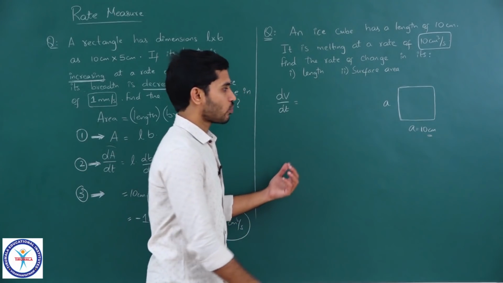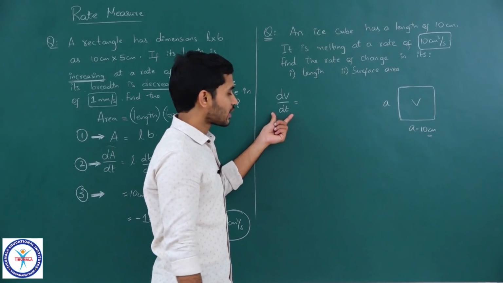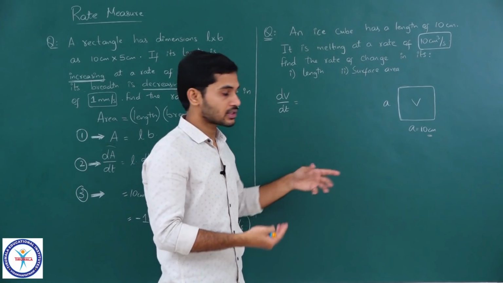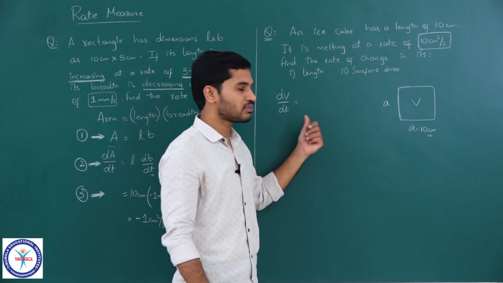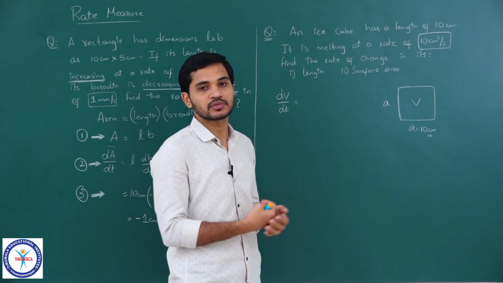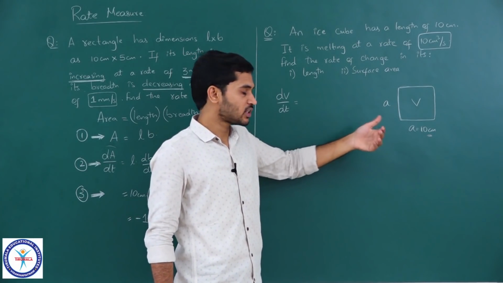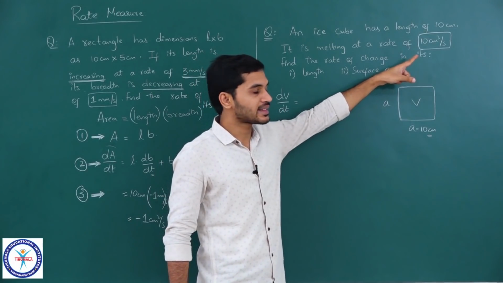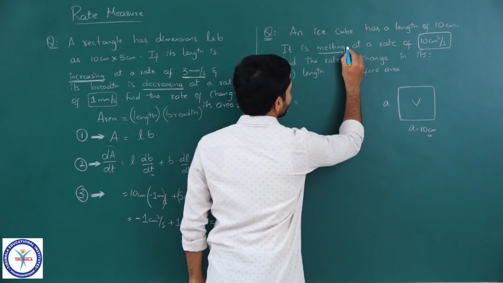So which means if the volume of this is some V, they have given us at what rate, how fast its volume is changing. Do you understand that? Rate means the pace at which something is changing, correct. So the volume of this cube is changing at a rate of 10 centimeter cube per second, but keep in mind it is melting.